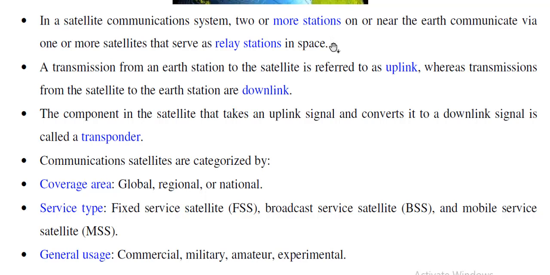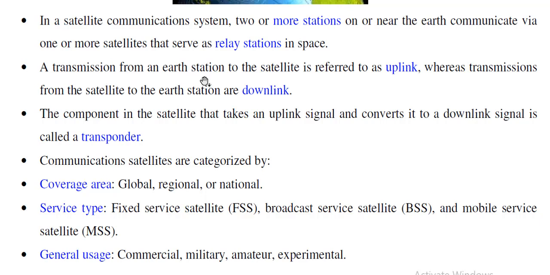If they are not in the line of sight of each other, then we need to create an intermediate antenna placed above Earth called the satellite, and these two stations can communicate with each other.